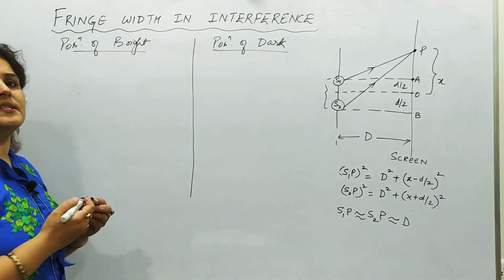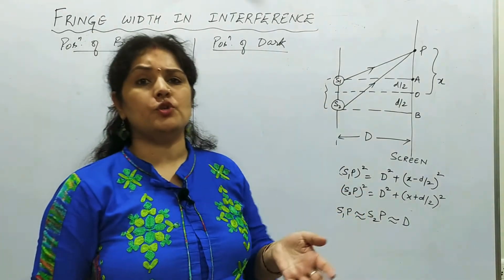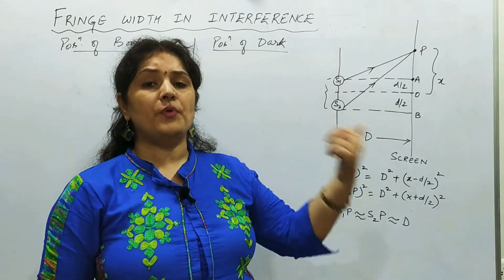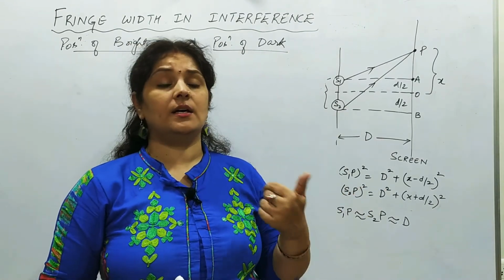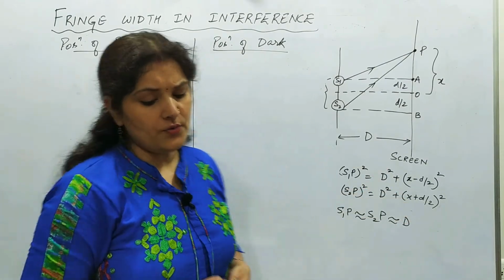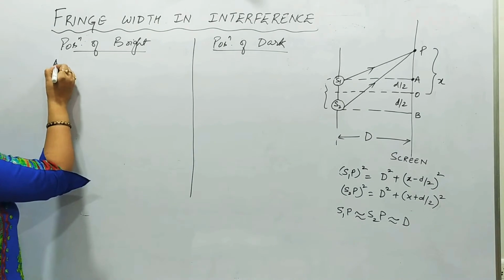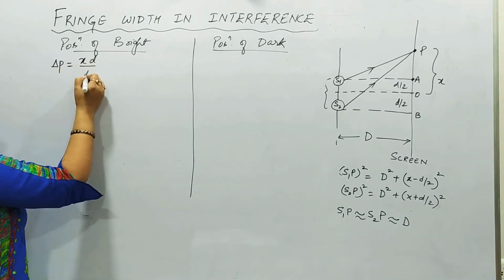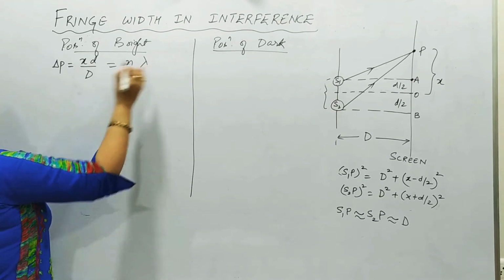We have discussed that for bright fringe the path difference should be an integral multiple, n lambda, and for the dark fringe the path difference should be an odd integral multiple of half of the wavelength. So we may write the path difference we just derived: xd upon D should be equal to n lambda.